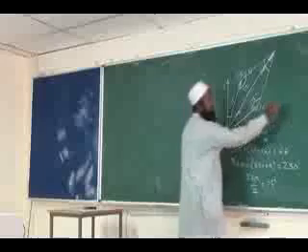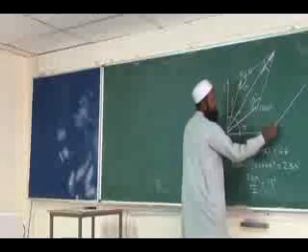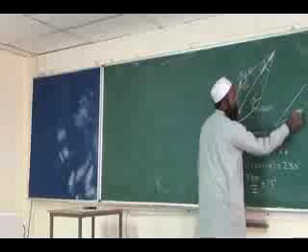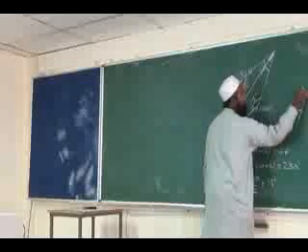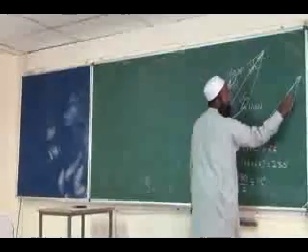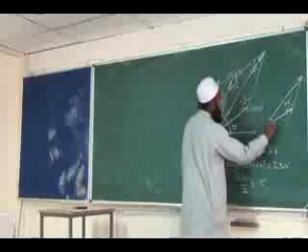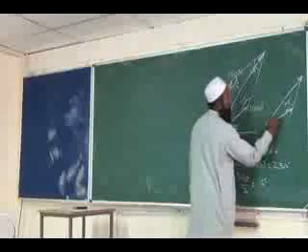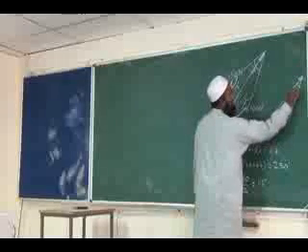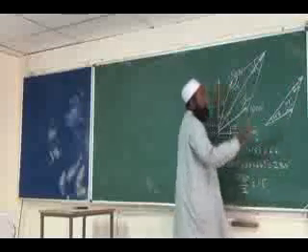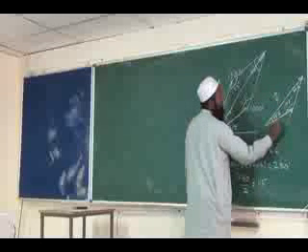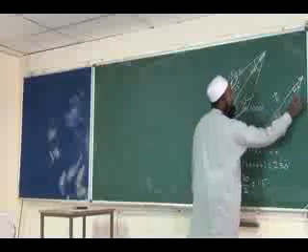Now we can consider the triangle and apply the laws of cosine and sine. This is 115. This is 32.5. We can apply the law of cosine and sine to get the unknown angles.